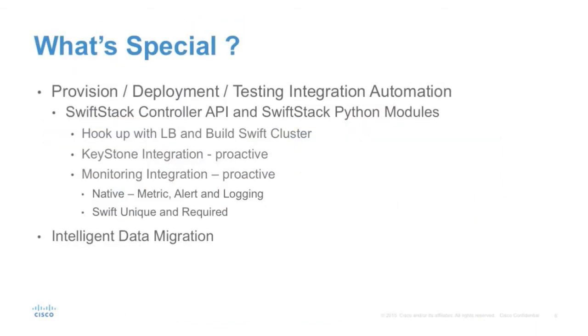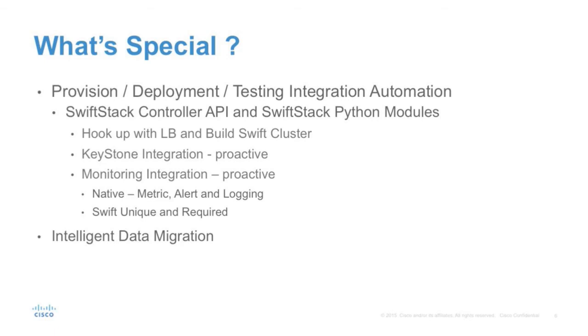So what's special? I would say our deployment's special thing is automation. I will show you that it basically works tightly with the SDLC. And of course, we leverage some of the SwiftStack Python modules in their controller, wrapped around with Ansible.